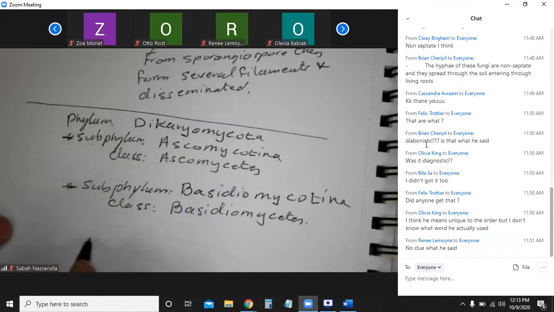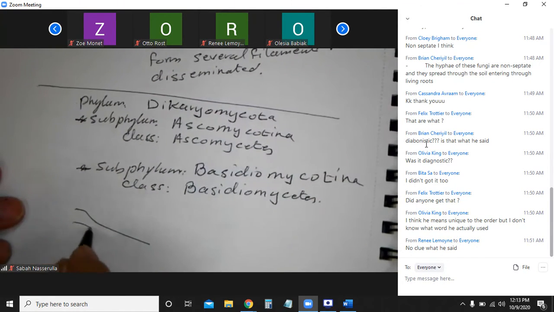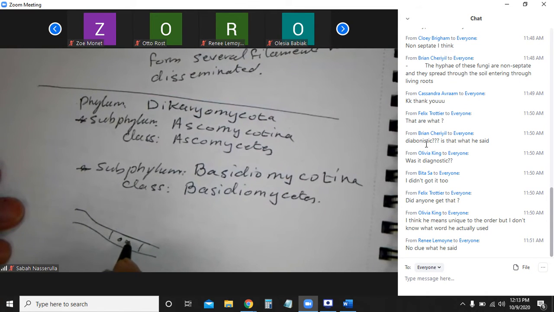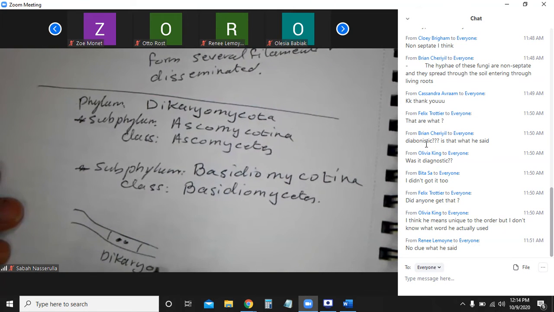One thing I forgot to mention to you: usually at that dikaryon stage, the fungus also produces more cells or hyphae with two nuclei. So that's why it will last for a long time, and they produce more hyphae still containing two nuclei, and we put this whole group in the phylum Dikaryomycota.